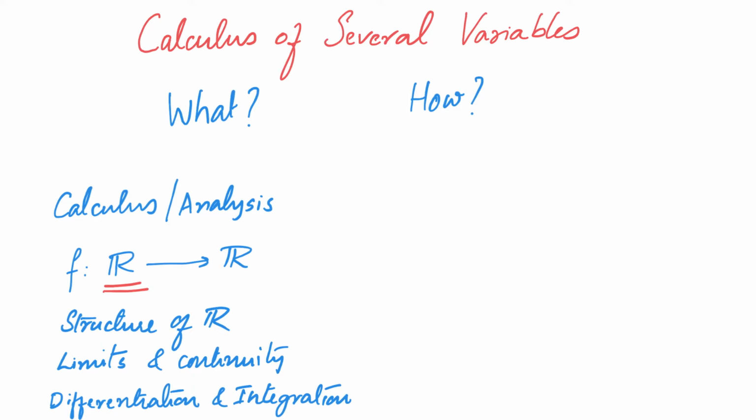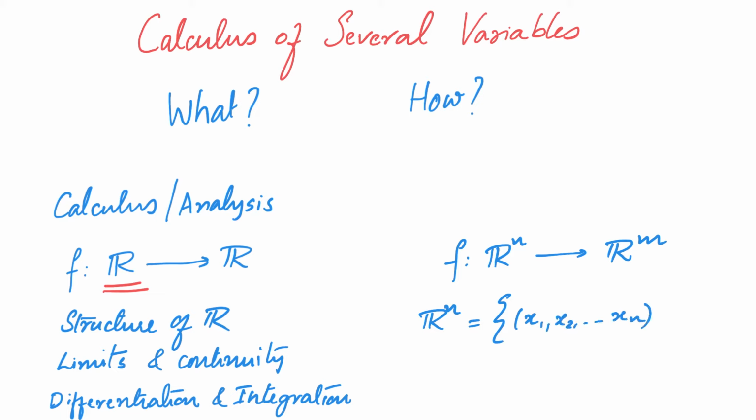In this course, we will be studying functions from Rn to Rm. You might have already encountered Rn in your course on linear algebra. In Rn, you have tuples of the form x1, x2, x3, etc. up to xn, where each xi is a real number.